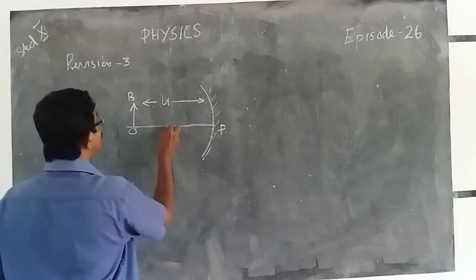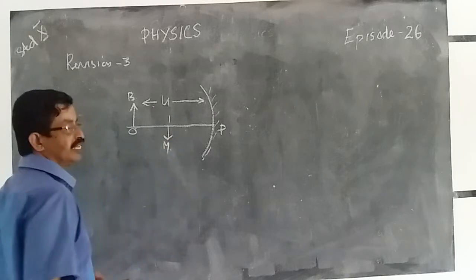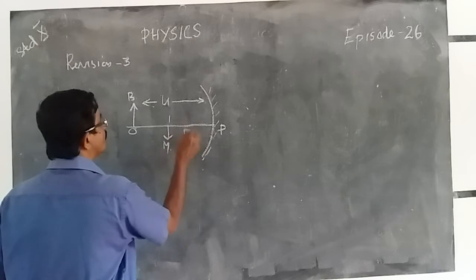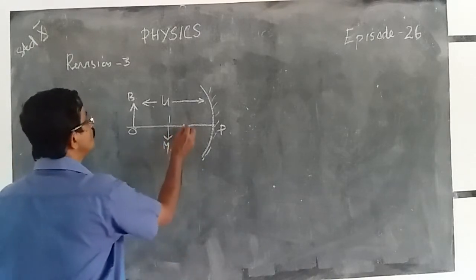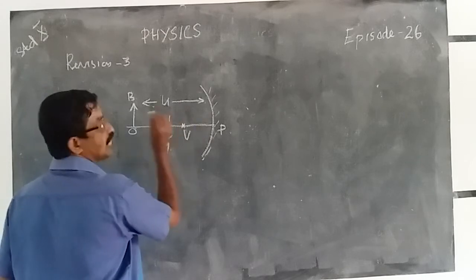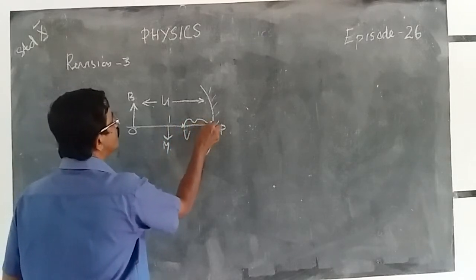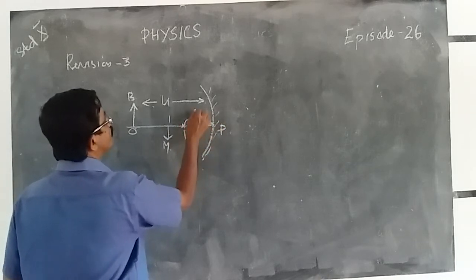Suppose here we got an image of this. Then the distance from the pole to this image is taken as v. And suppose somewhere here is its focus, and this distance is taken as the focal length.